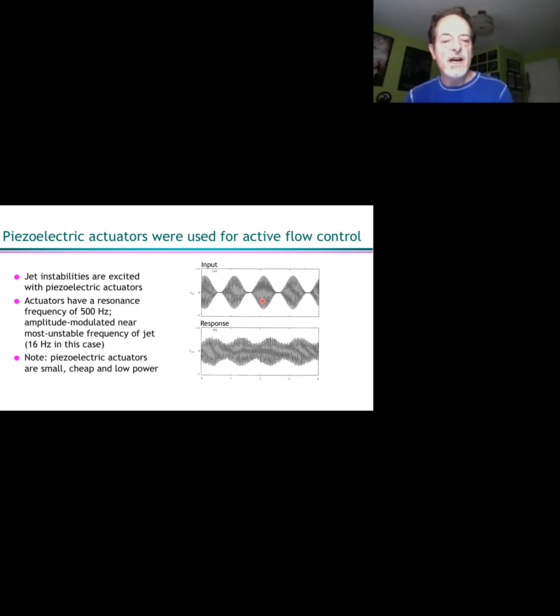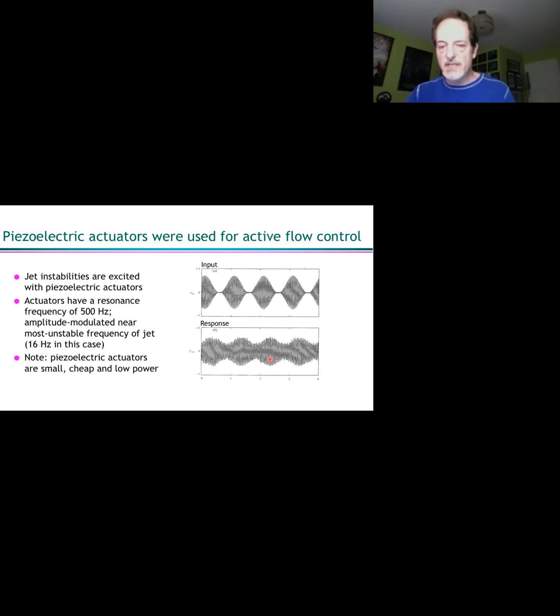Because of that, and because the actuators had a resonance frequency of 500 hertz, we had to use this amplitude modulated signal, which worked pretty well. The actuators responded to this pretty well. This was measured with a microphone set at the center of the jet.